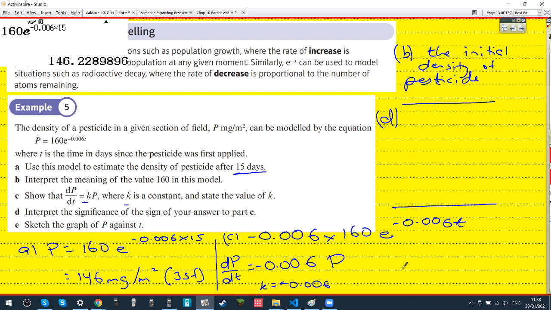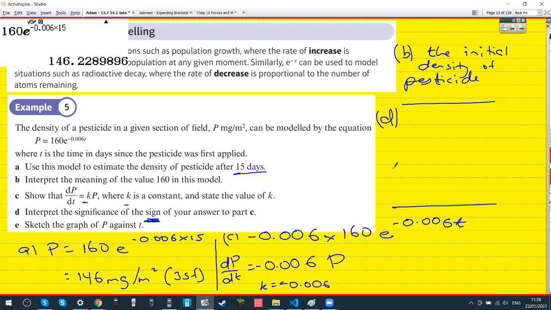What does it mean by the significance of the sign? Like using P instead of minus 0.006 times 160e. It's negative. What's the significance of that? The graph will be going from right to left.